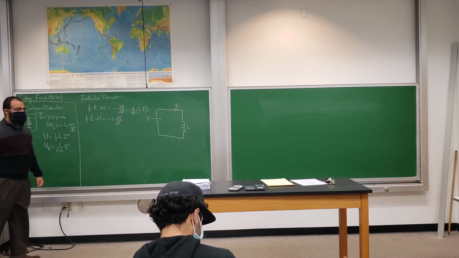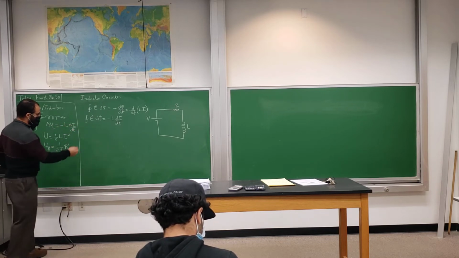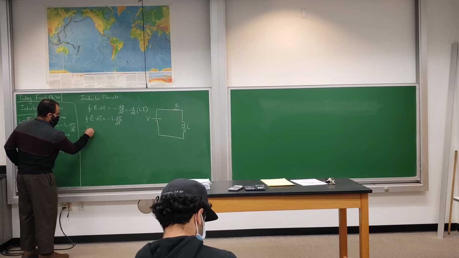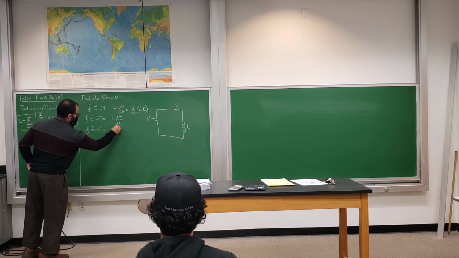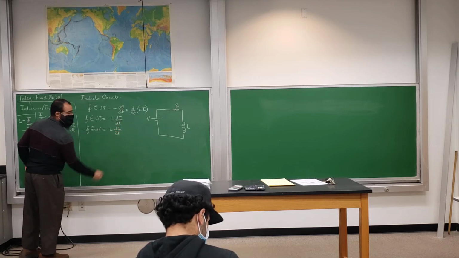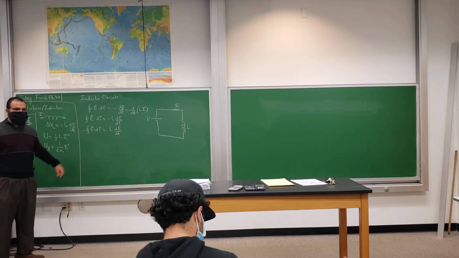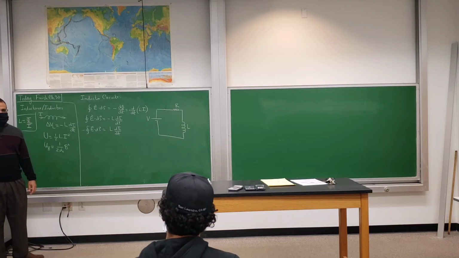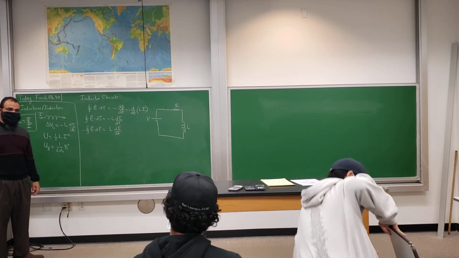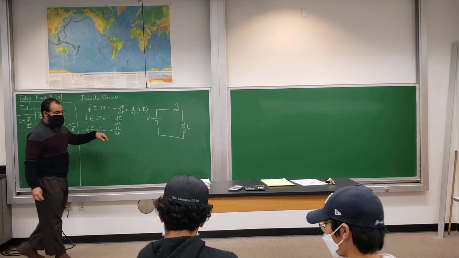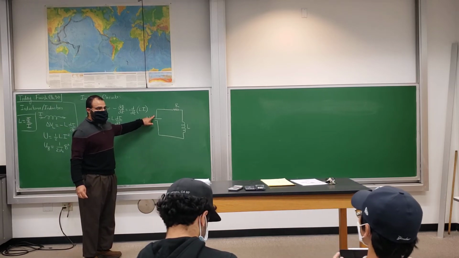Okay? That's Faraday's law. I'm going to multiply both sides by -1 for a reason that you will see in a second. We get E dot ds is equal to L di dt. Now what is the integral of E dot ds with the minus sign? It's the potential difference around the circuit. So from here to here, what's the potential difference?